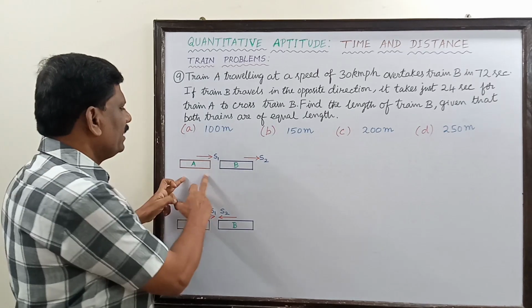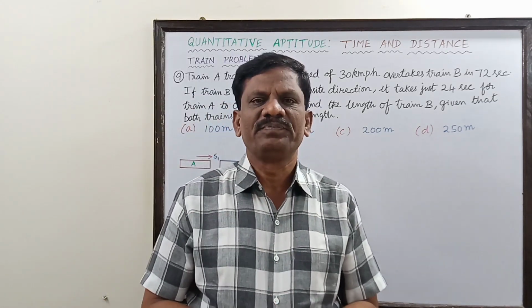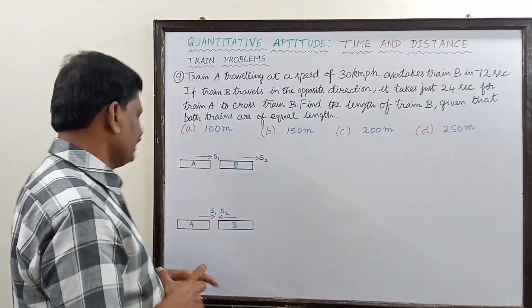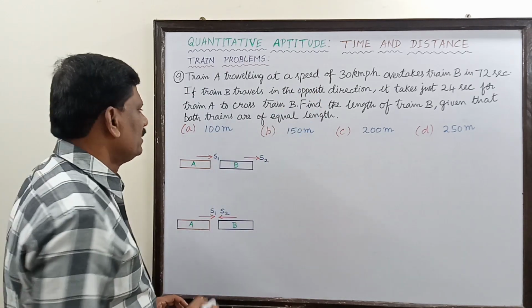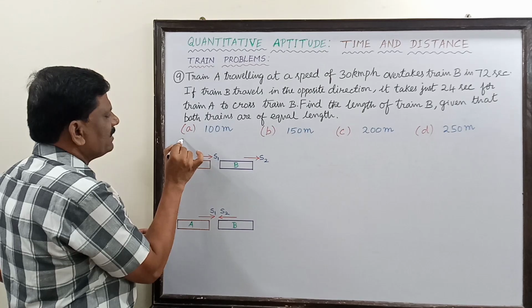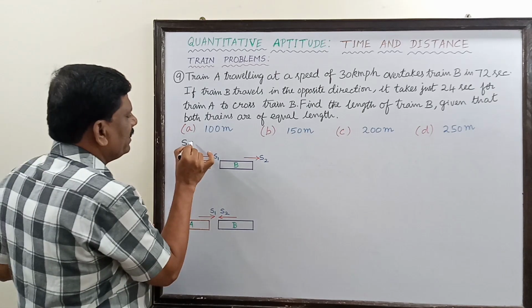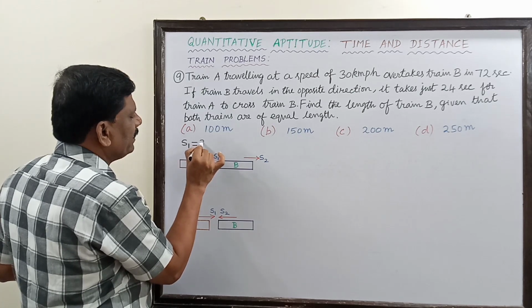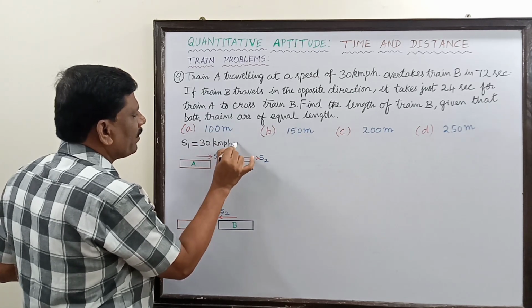So A and B are two trains having the same length. Train A is traveling at a speed of 30 km per hour. I will first consider this S1, the speed of the first train, which is 30 km per hour.